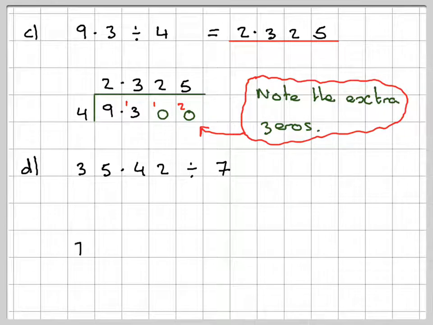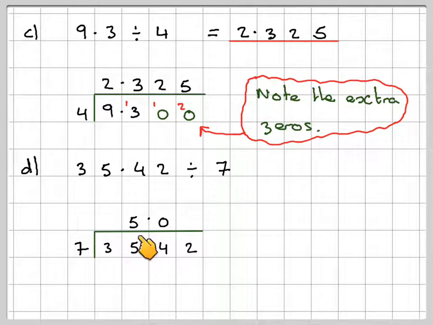35.42 divided by 7. So 7's into 35.42. 7's into 3 don't go. Decimal point in line, but 7's into 35 goes 5 times. Let's just go back there a little and correct that. So in here we could put a little 3 if we wanted to. And then say that 35 divided by 7 is going to be 5.